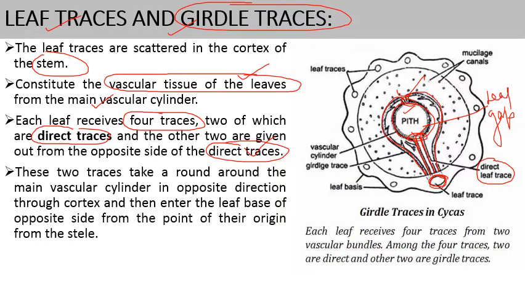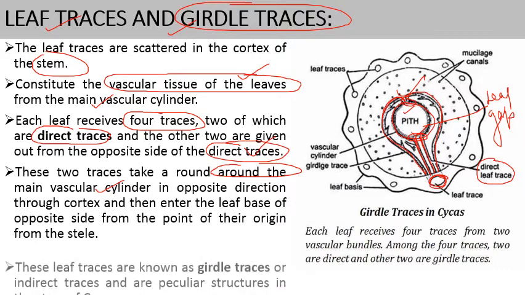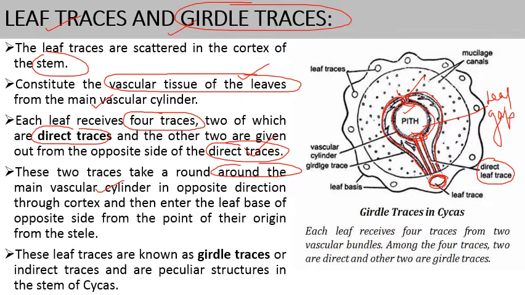These 2 traces go around the main vascular cylinder. They cover the main vascular cylinder, and the vascular supplies go in the opposite direction through the cortex and then enter the leaf base, on the opposite side of the point of their origin. From where they arise, they enter the leaf in the opposite direction.